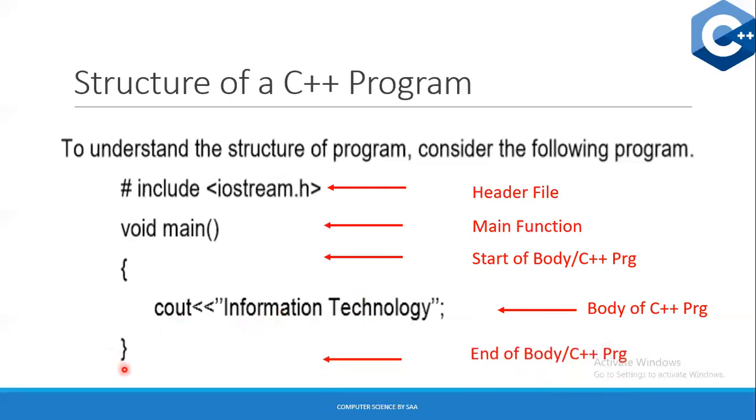This curly bracket is the end of the body, or end of the C++ program. Everything that is written between these two curly brackets is considered as the computer program. Okay, the statement that is #include is known as the preprocessor directive, and the preprocessor directive is used to include the header files in the computer program.